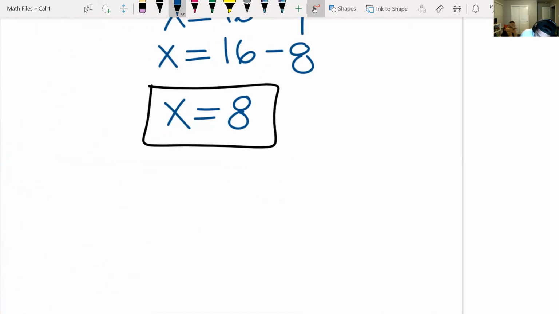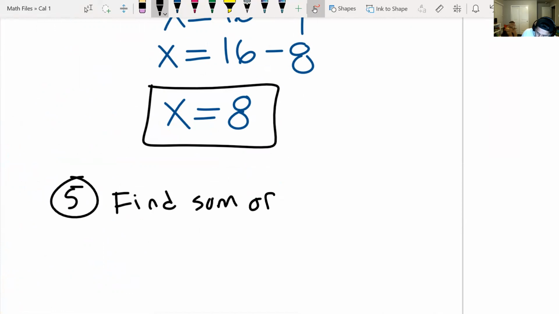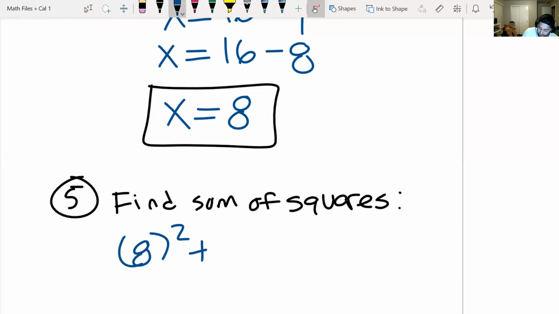So 5. Find sum of squares, which means you would have, well, 8 squared plus 8 squared equal to z.